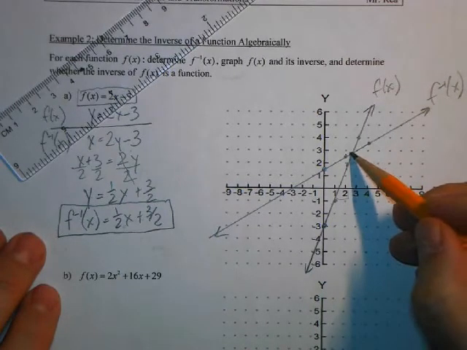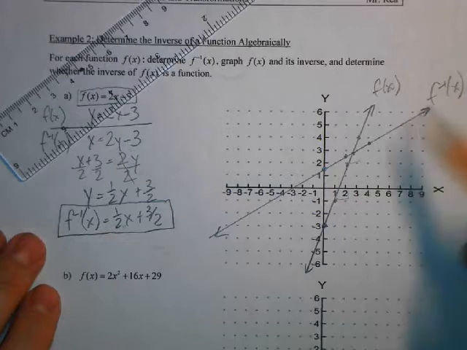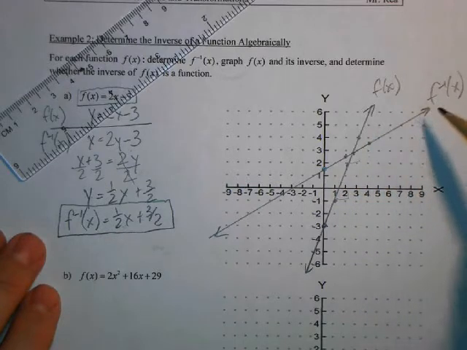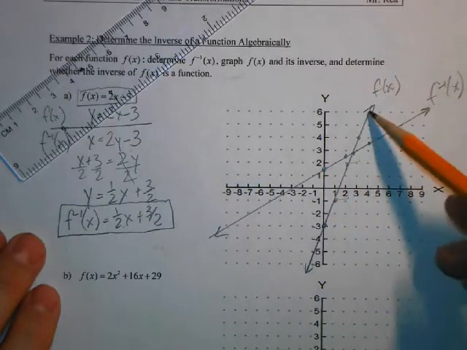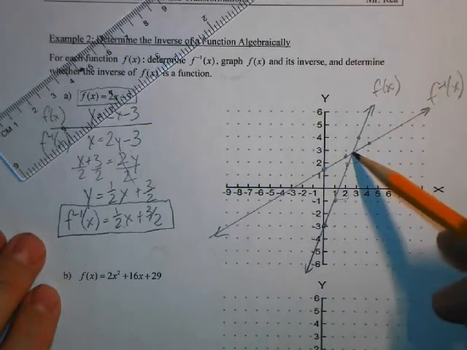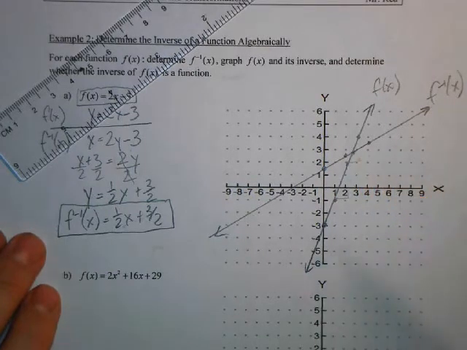And that makes sense because if you switched x and y, but they were the same to begin with, well, that must mean that the inverse and its original function must have the same point there. So anytime the two functions cross, you know that the x and y value where they cross is the same.